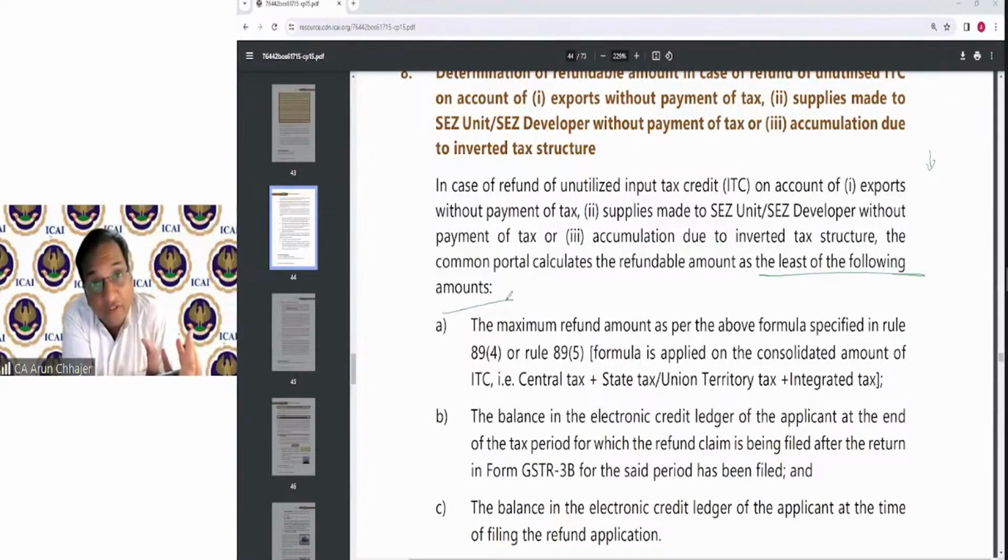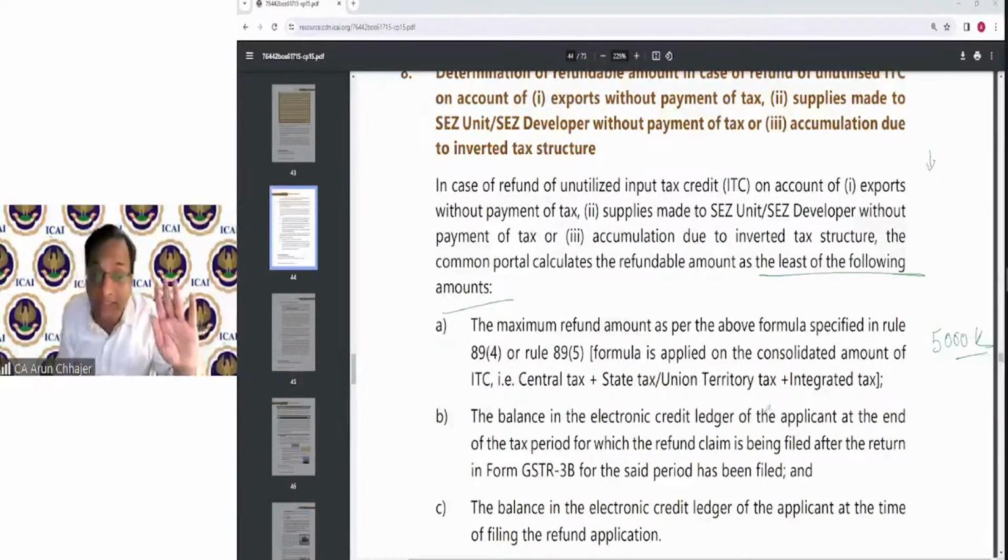This is the refund of accumulated ITC. Let's say the refund in this case comes to, let's say, 5,000. But the balance in your electronic credit ledger is only 1,000. Understand? See, as per the formula, the amount comes to 5,000. So you are entitled to take 5,000.